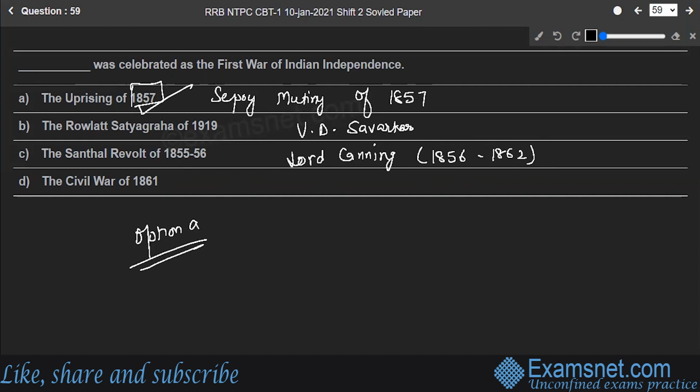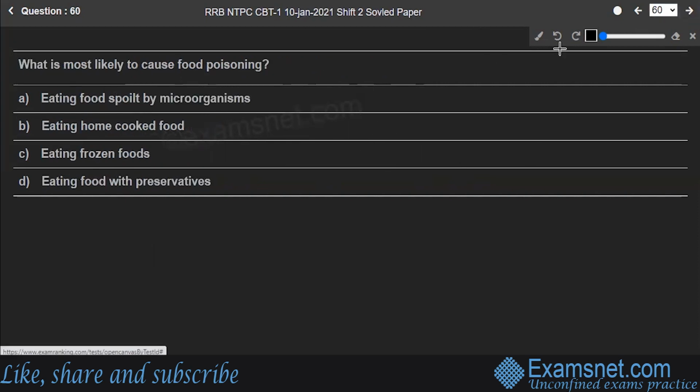The Rowlatt Satyagraha was a nationwide satyagraha against the proposed Rowlatt Act 1919. The Santhal revolt of 1855-56 was the first peasant revolt that occurred in India. This revolt can be attributed to the introduction of the permanent land settlement of 1793. So we have option A as the answer to the question.